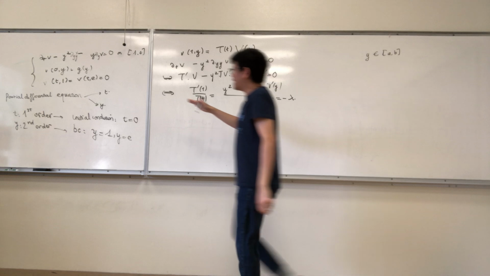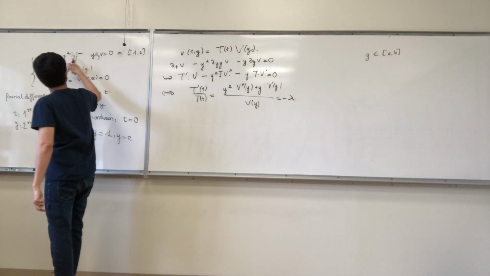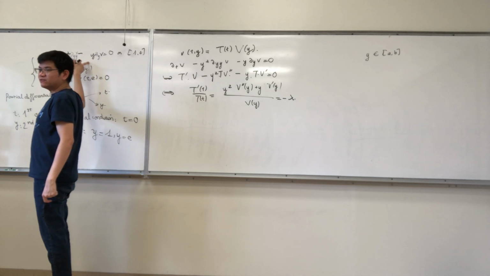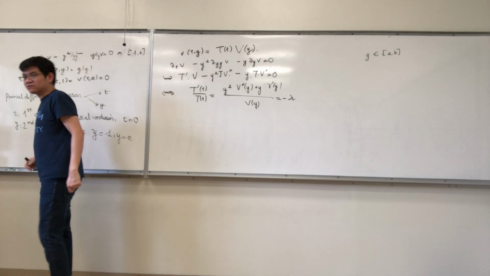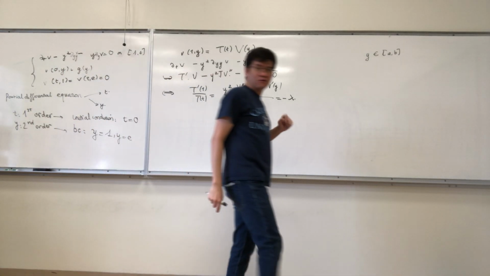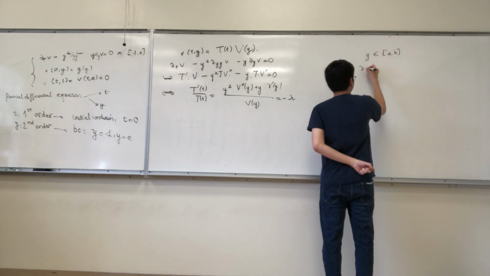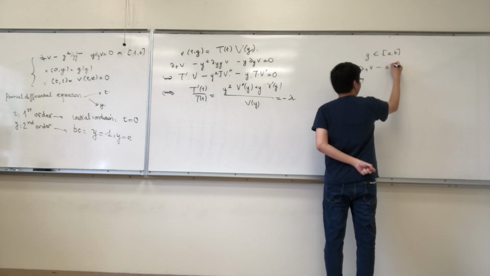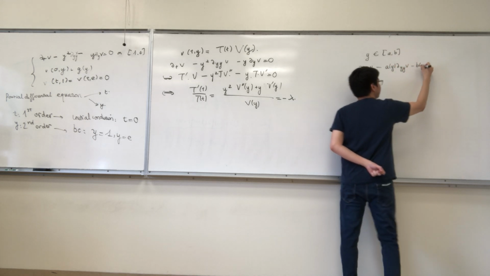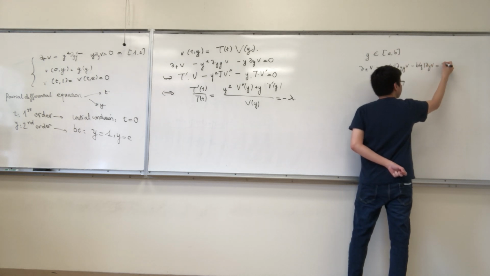The second thing is that the coefficients of the second derivative in y and the first derivative in y depend only on y. They don't depend on t. So then you have dt of v minus a(y) dy second of v minus b(y) dy of v is 0.